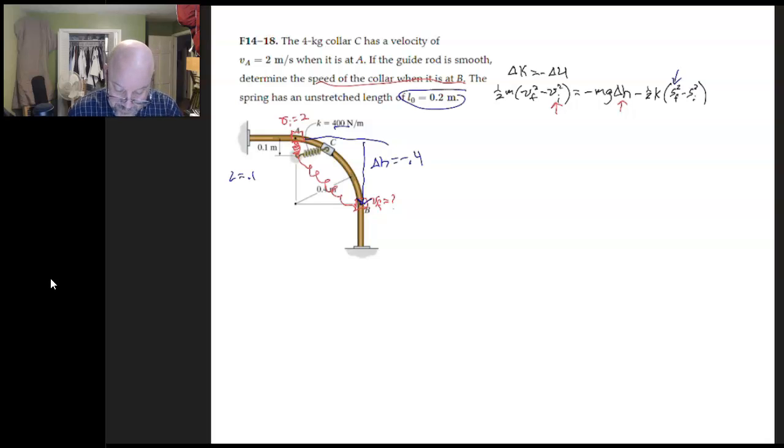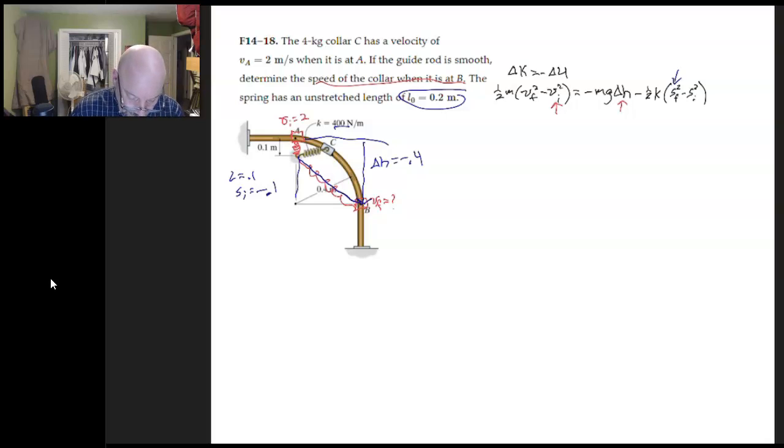However, the resting length is 0.2. So that means s initial is compressed. Since it's compressed, I'll call that negative. It's compressed, minus 0.1.